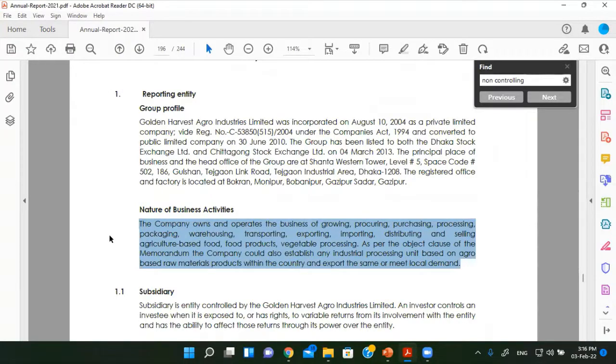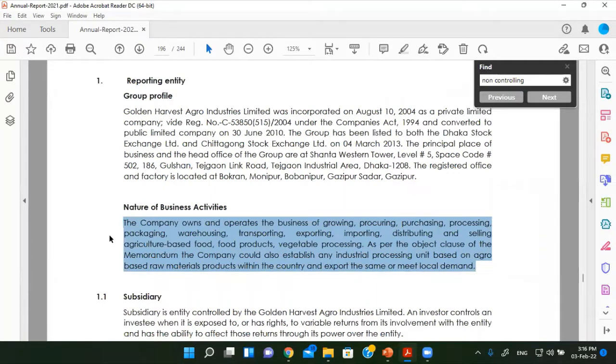Why is it essential? Unless we know it clearly, we do not know what will be their operating assets, what will be their operating liabilities, and what will not be their operating and what will not be their financial. Okay. So let me read it for you, what kind of business activities are done by Golden Harvest.